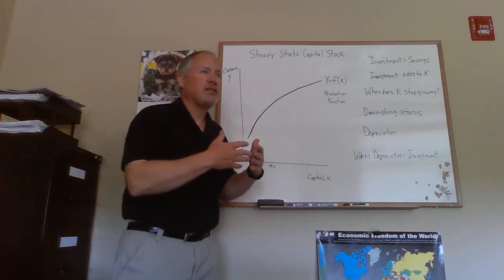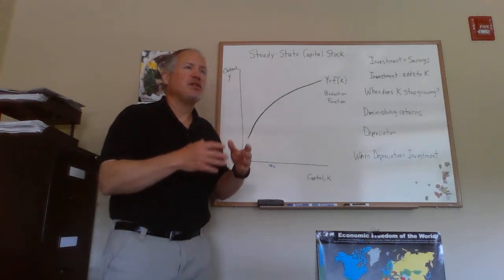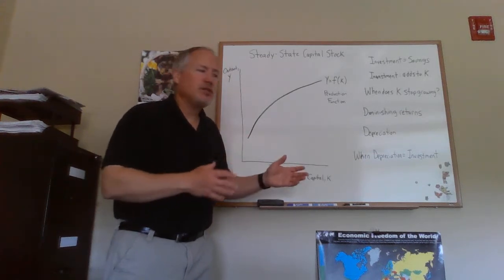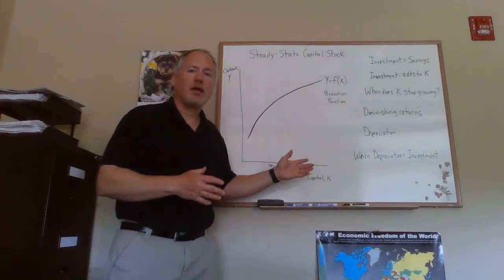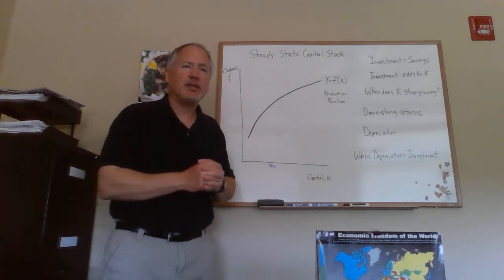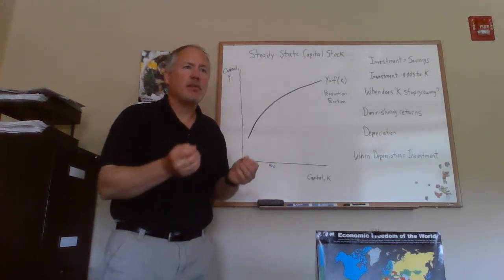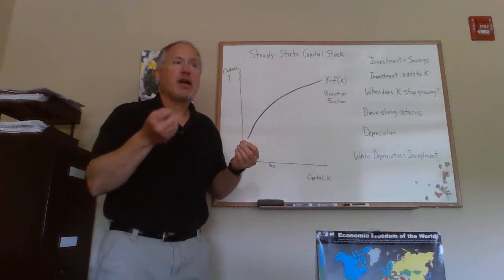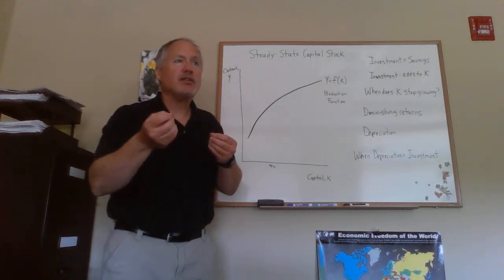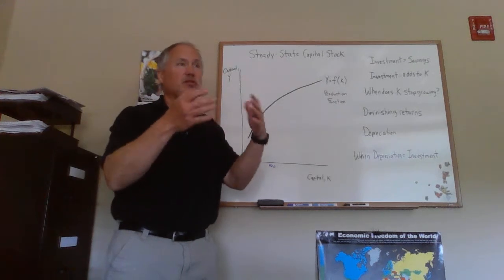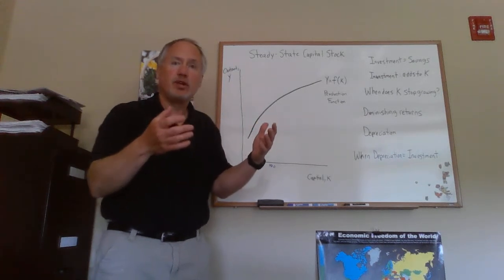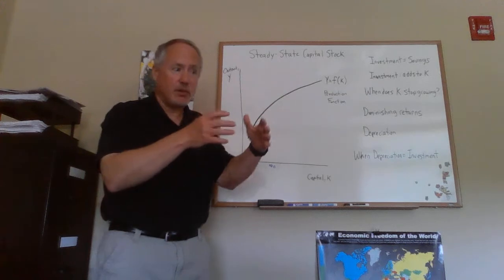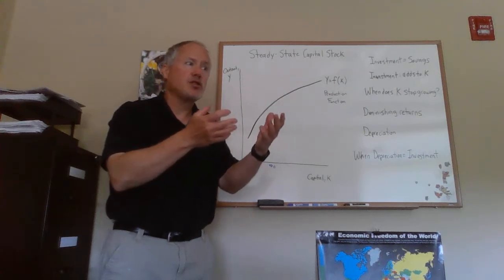So if you had enough investment to invest, say, 30 units of capital in a period, well, if 10% of the capital stock wears out every period, you're going to end up having a capital stock of 300 units. When it gets to 300 units, the depreciation, 10% of the capital stock, is 30 units.